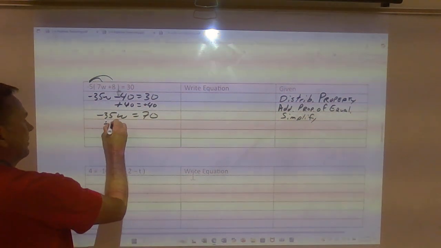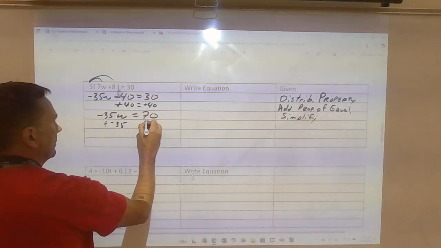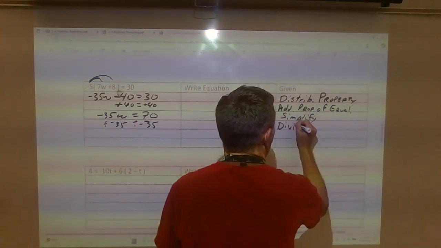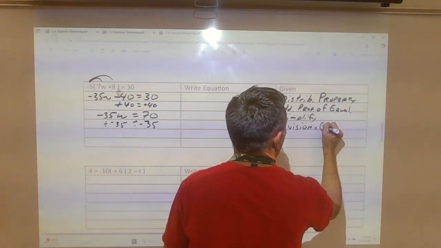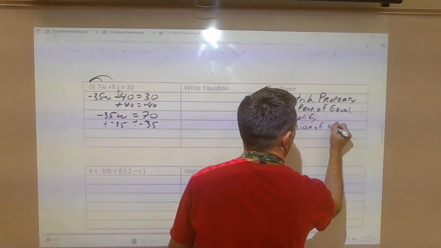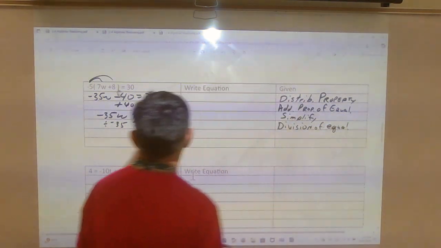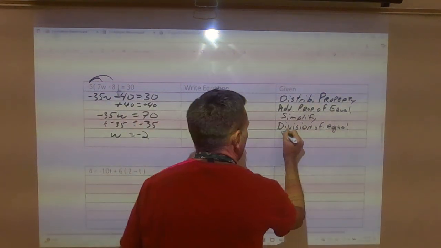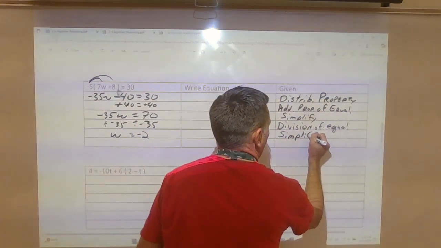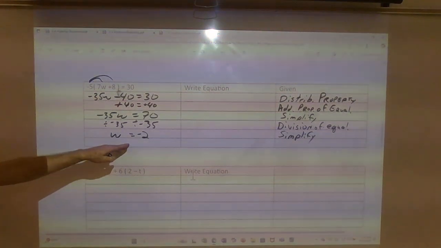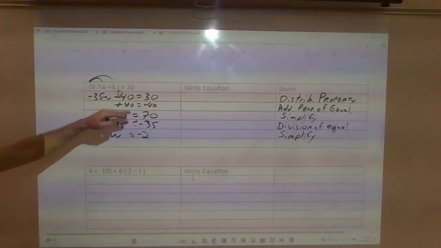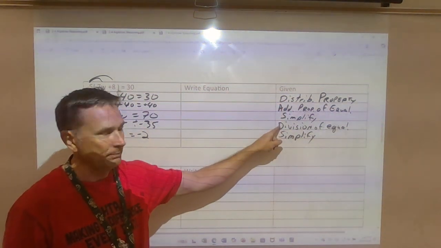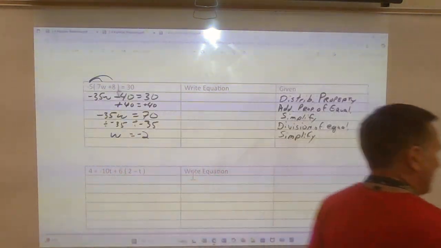We can now divide by negative 35. That is the division property of equality. And again, we simplify, and we get our final answer of negative 2. So we're doing our steps, and every step we do, we need to explain how and why we can do it. I'm going to leave this problem up to you.